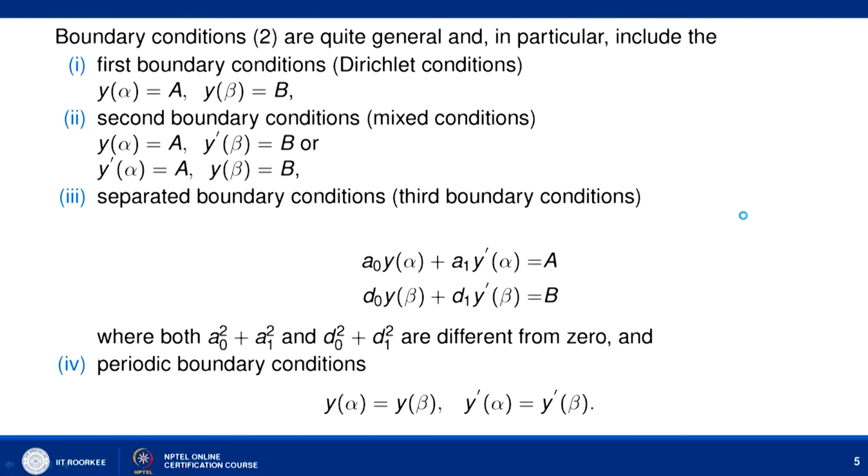Now, the boundary conditions which we have considered, L1y equal to A and L2y equal to B, are very general boundary conditions, and we can write many more boundary conditions as special cases of L1y and L2y.